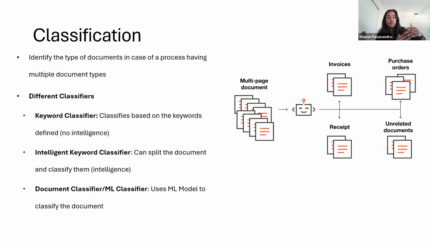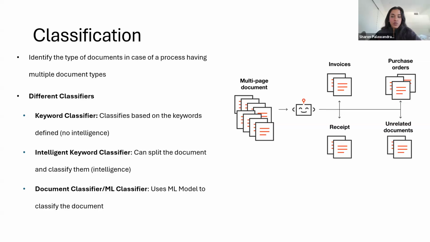In practice, even for complex semi-structured documents, you can get away with using the intelligent keyword classifier. This is essential if you're considering AI unit cost or any kind of cost constraints, and you want to be thoughtful and mindful about the cost: I would use the intelligent keyword classifier first.